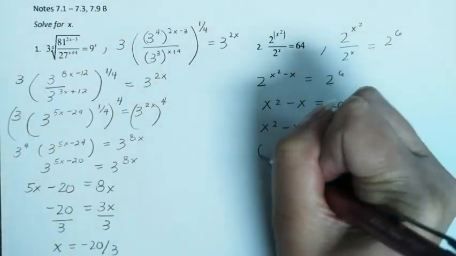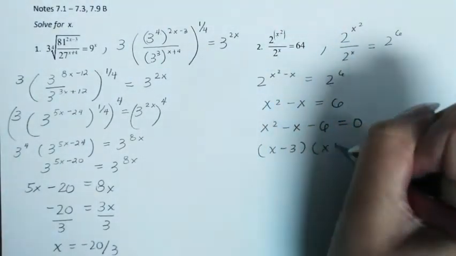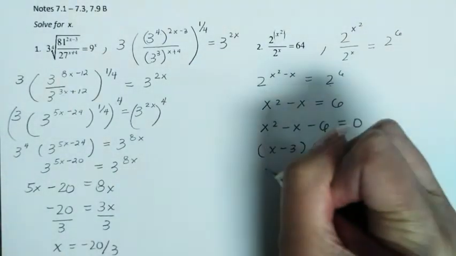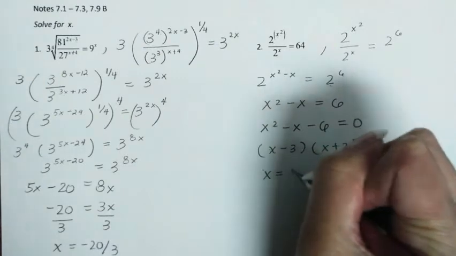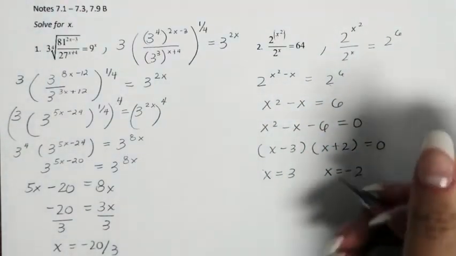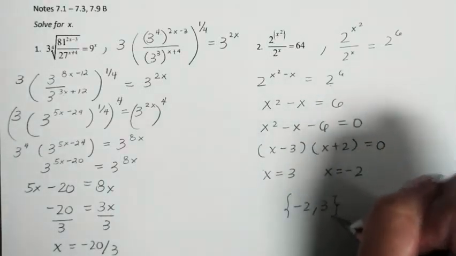So we factor and we have that this is going to be x minus 3, x plus 2 equal to 0. So solving this equation, I can do x equals 3 and x equals negative 2 immediately. So your two solutions are negative 2 and 3, and that's it.